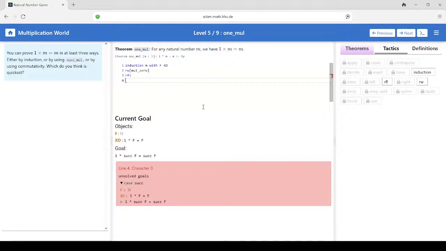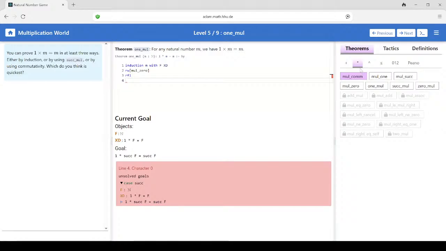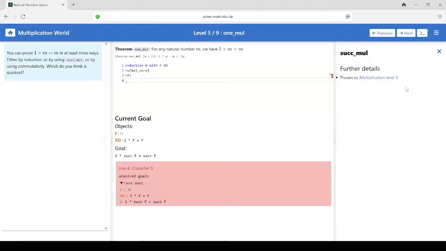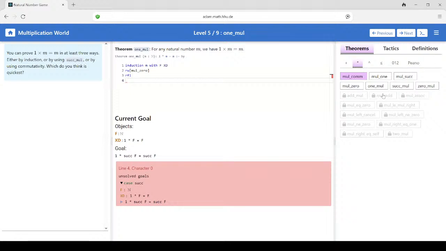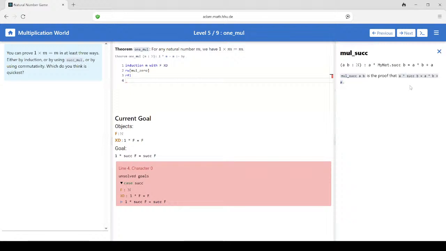So 1 times the successor of f. Ooh, I know a thing we can use. Oh, we want the opposite of this, successor multiply. We want multiply successor. There we go. 1 times the successor of something.